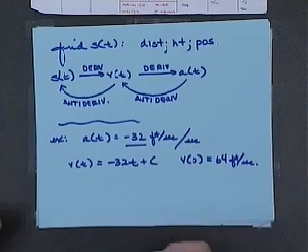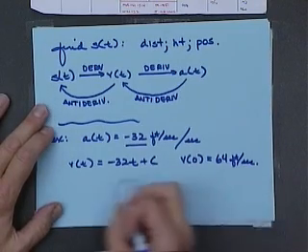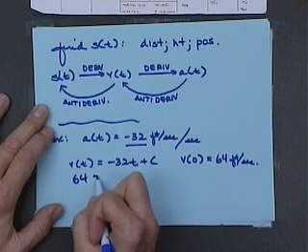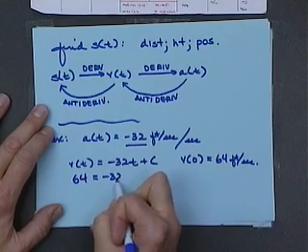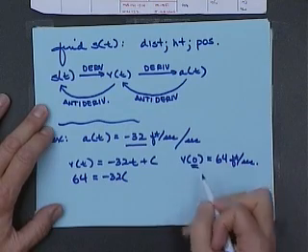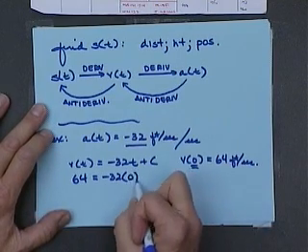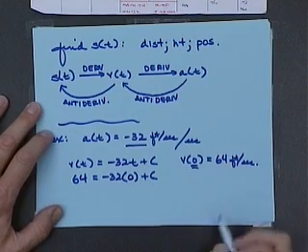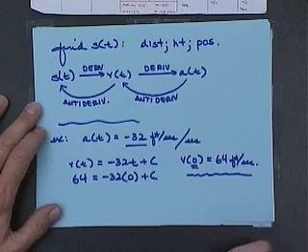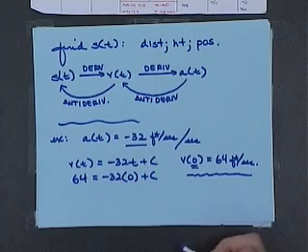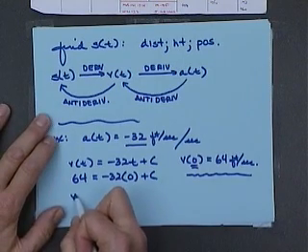So we throw that into the function. The velocity is 64 equals negative 32 times t plus c. Well, if it's initial velocity, t is 0. So with this particular additional information, or this constraint, what is c? 64. c is 64.